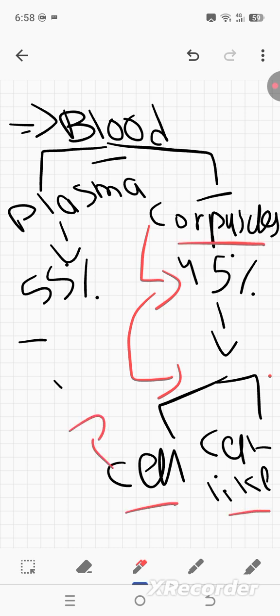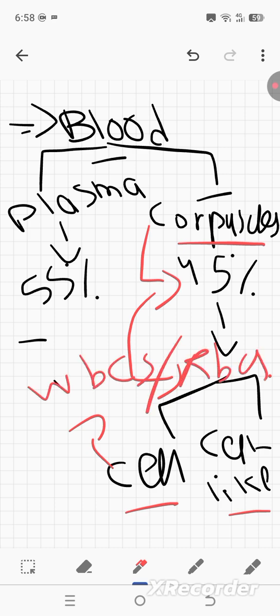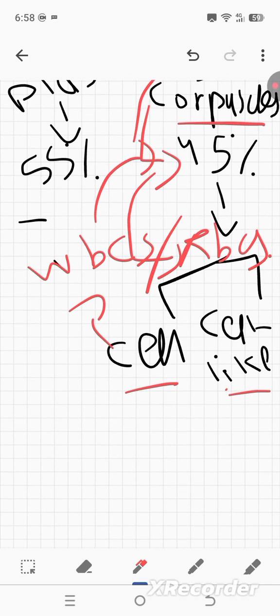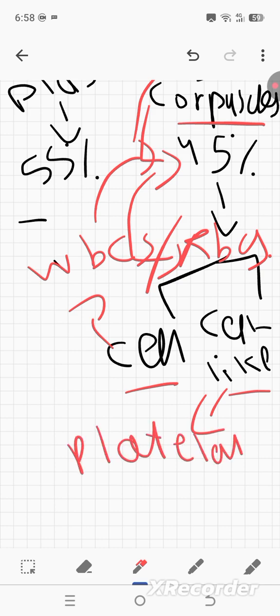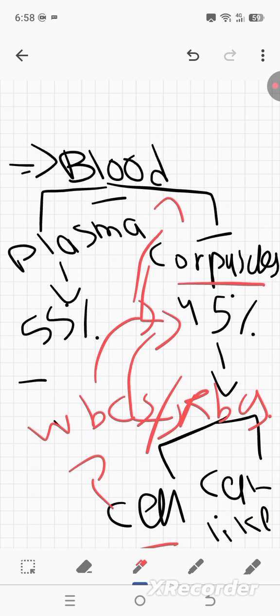In cells, particularly we have two: white blood cell and red blood cell, which come into the corpuscles inside the blood. And cell like is platelets. What are these? What do they do? We will learn them separately.